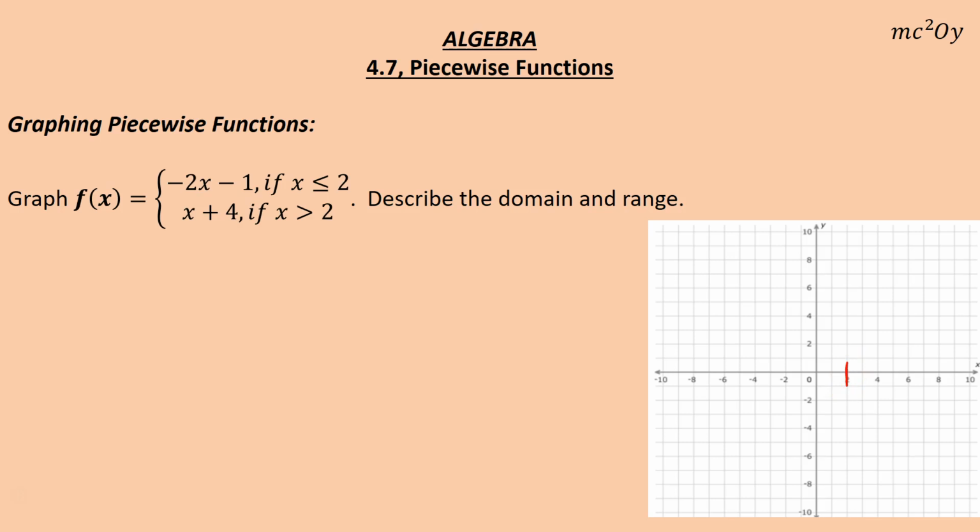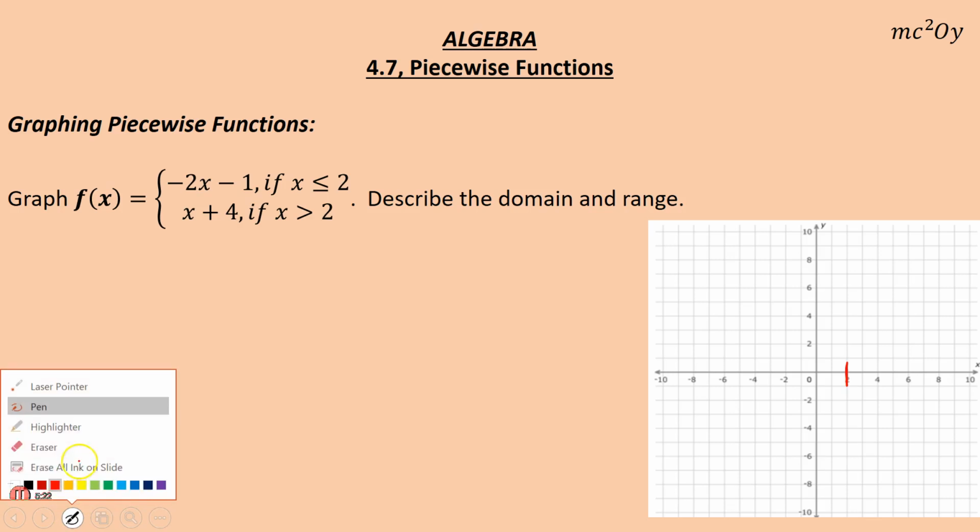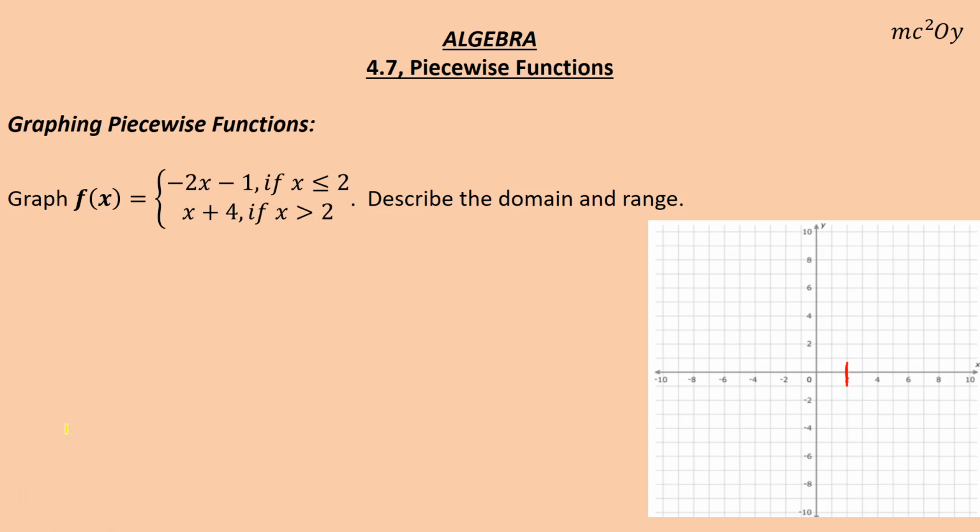That really separates my graph into two different chunks. Let me go ahead and highlight that. It separates into this chunk right here, where x is greater than 2. All this over here to the right side of 2.